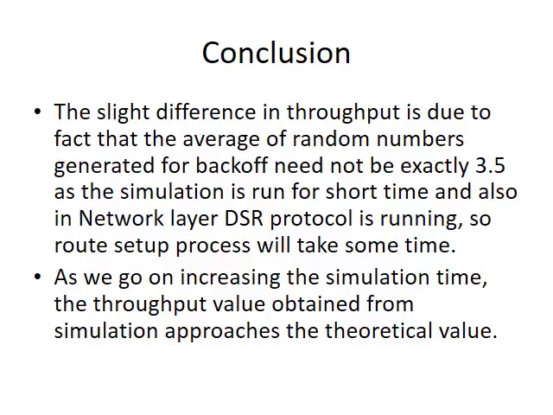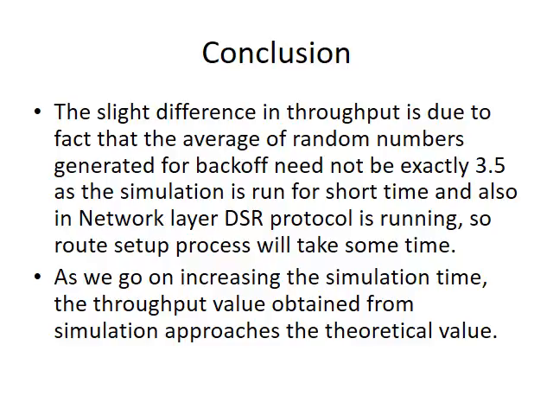Finally, I'd like to conclude this experiment as follows. The slight difference in throughput is due to the fact that the average of the random numbers generated for backoff need not be exactly 3.5, as the simulation is run for a short time, and also the DSR protocol is running in the network layer, so the route setup process will take some time.